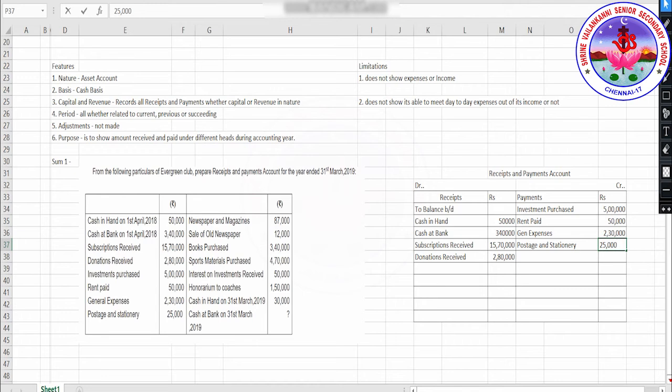Then you have newspapers and magazines. Again, it is a payment. Newspapers and magazines is 87,000.